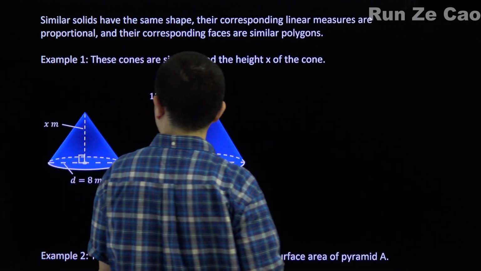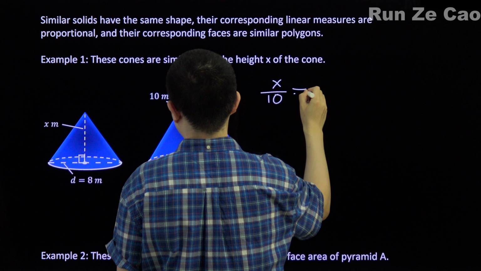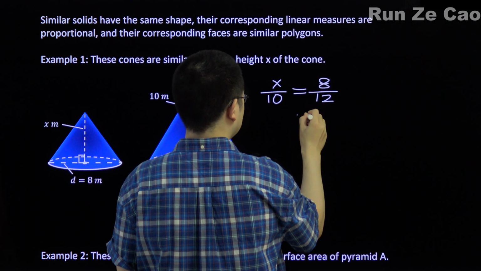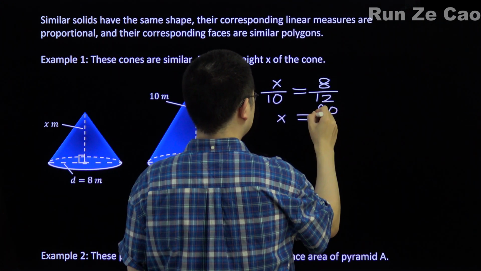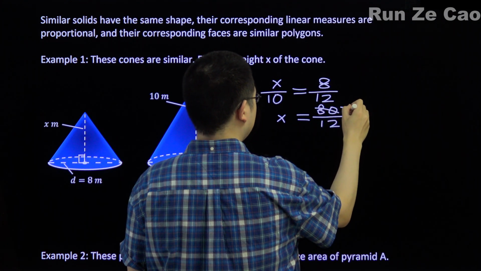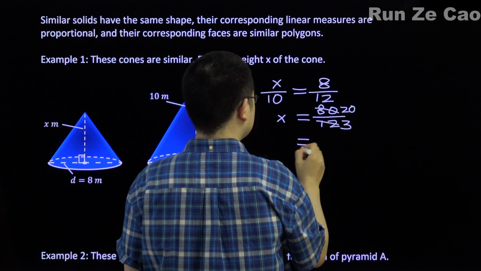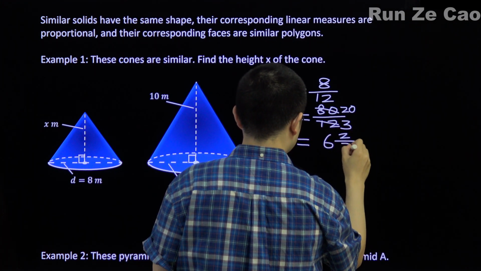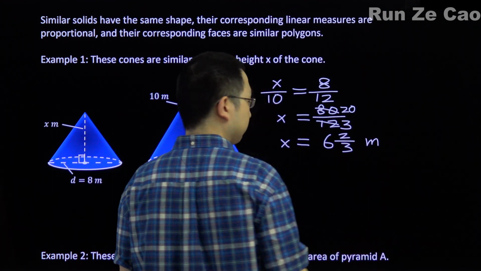Well, we know that x over 10 is equal to 8 over 12. So x is equal to 80 over 12, which means that we're looking at 20 over 3. Or you can give it as 6 2/3. And it's meters.